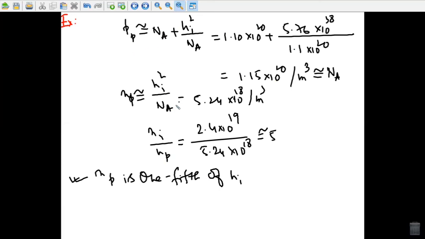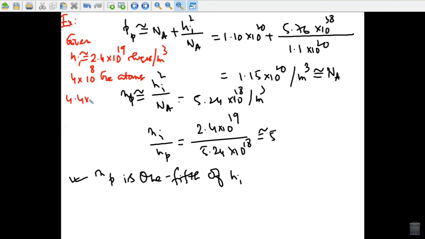So what is given here? Given is my Ni, nearly equal to 2.4 × 10^19 charges per meter cube. One impurity atom per 4 × 10^8 germanium atoms. Density of germanium is 4.4 × 10^28 atoms per meter cube.